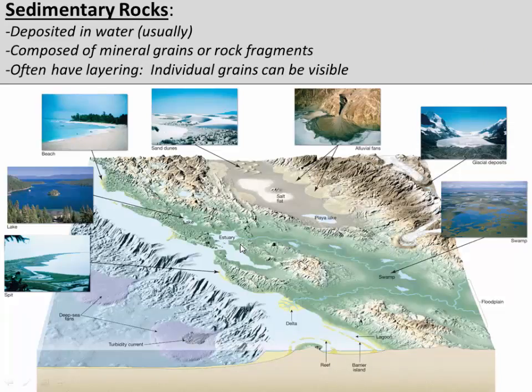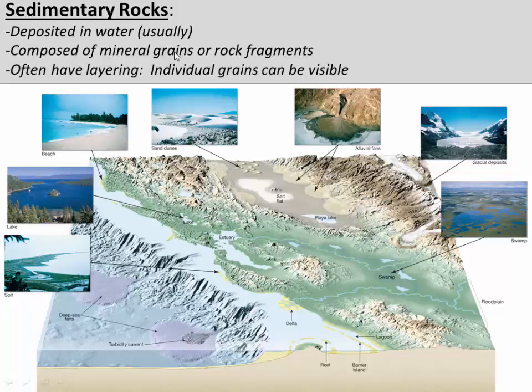Now the next rock type is sedimentary rock. Sedimentary rocks don't grow in a magma. They are deposited in water, usually. They can also just be deposited in air. But they're usually deposited in water, so that could be anywhere. That could be a lake, a beach, a glacier or a swamp.